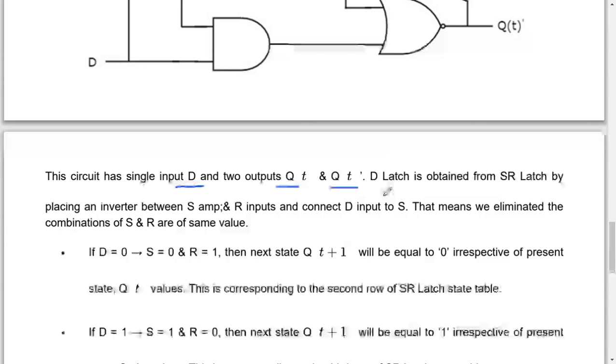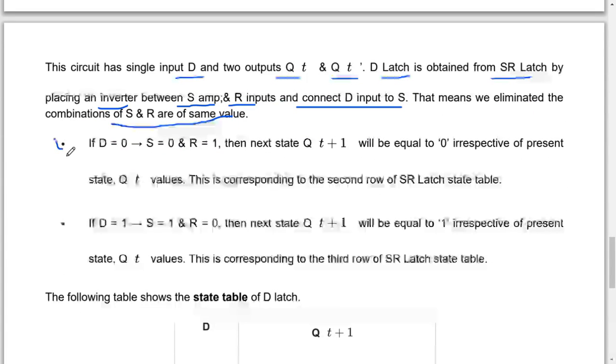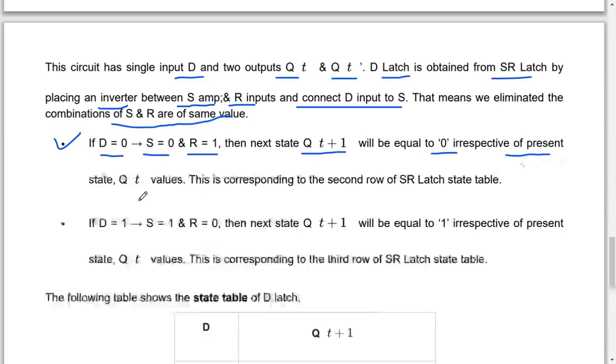D latch is obtained from the SR latch by placing an inverter between the S and R inputs and connecting the D input to S. That means we eliminated the combination where S and R are of the same value. If D equal to 0, S equal to 0 and R equal to 1, then next state QT plus 1 will be equal to 0 irrespective of present state QT values.